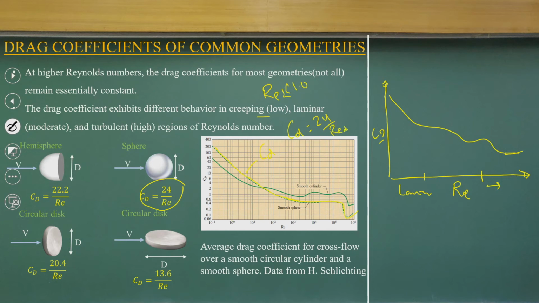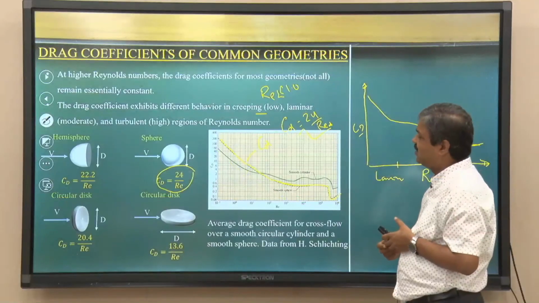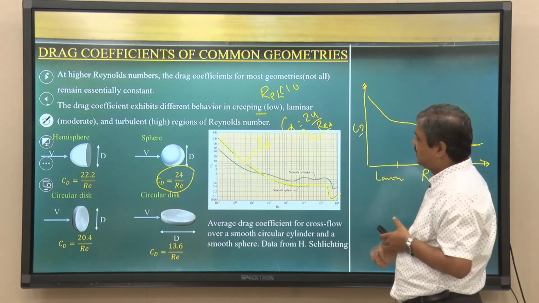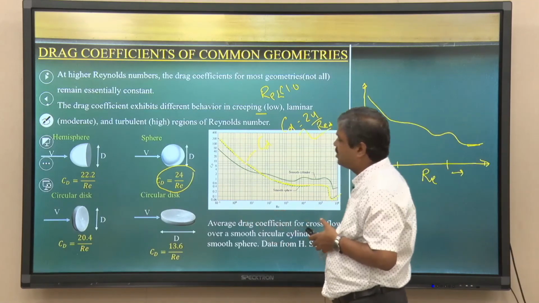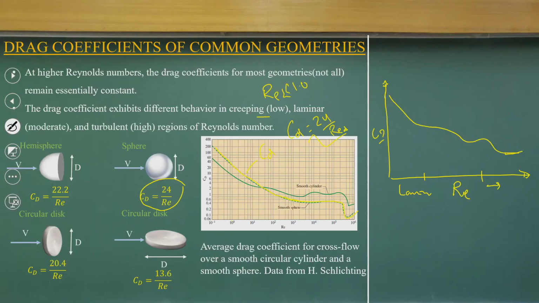You can ask how we got this. This came from experimental studies conducted almost 100 years back, with simple experiments to find the drag forces at different Reynolds numbers, from which you can find the CDs. Other cases show a similar functional relationship with the Reynolds number, for example smooth cylinders.